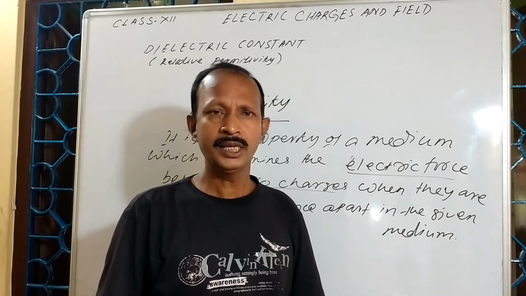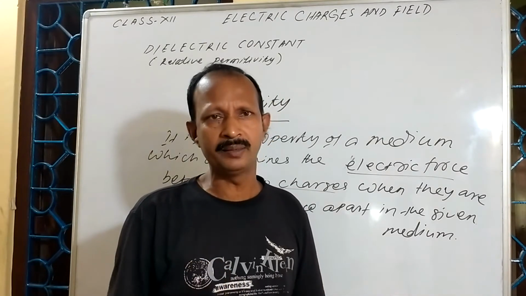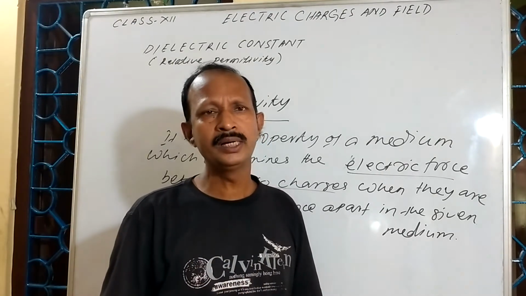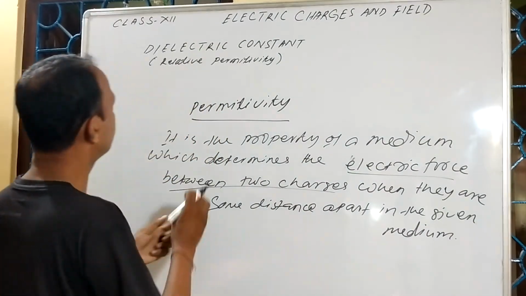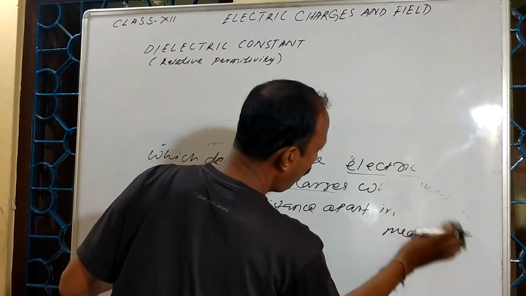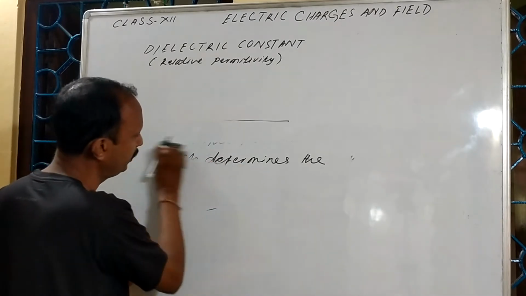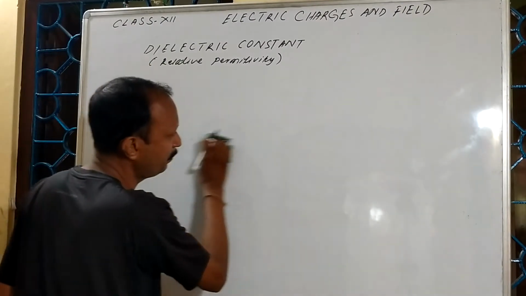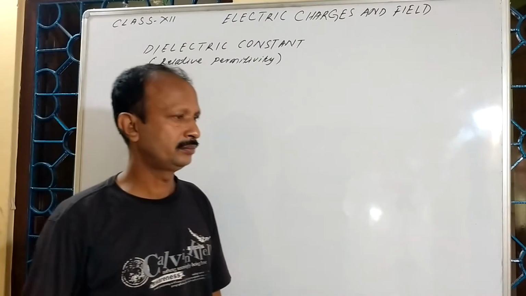That means if the two charges placed in a medium, the force between them depends upon the intervening medium. Now let us come to the point, what is dielectric constant or relative permittivity. I just explained what is permittivity. Now what is relative permittivity or dielectric constant.